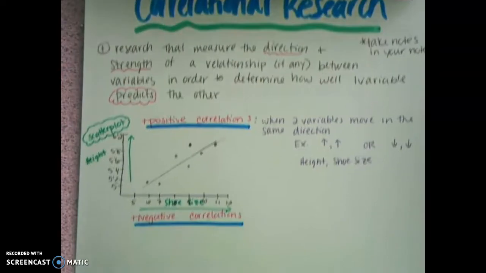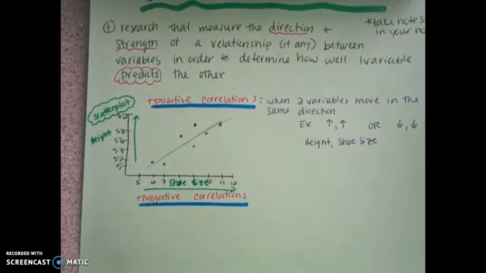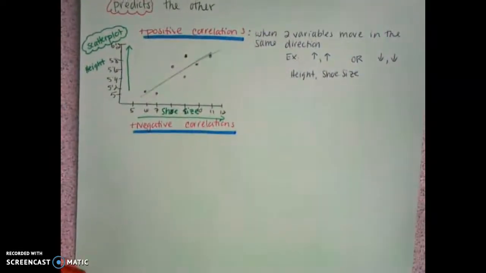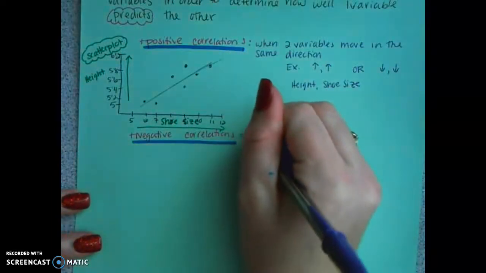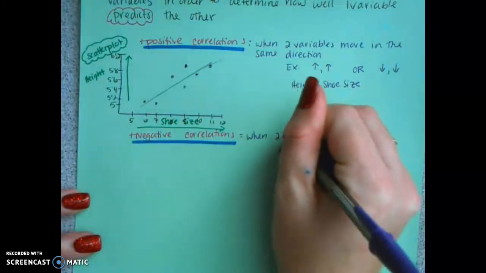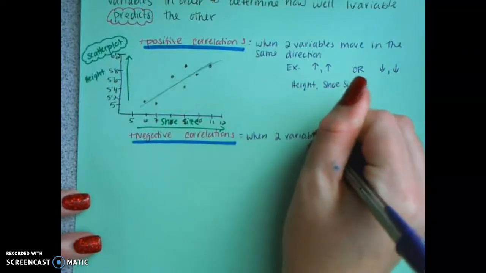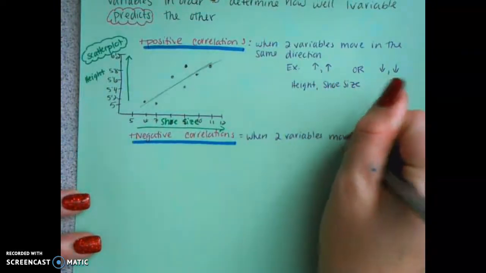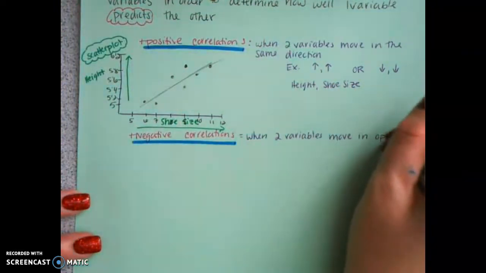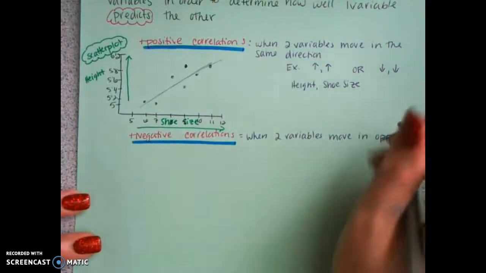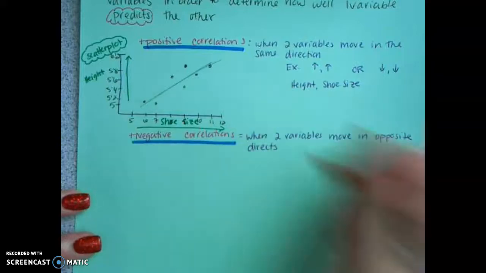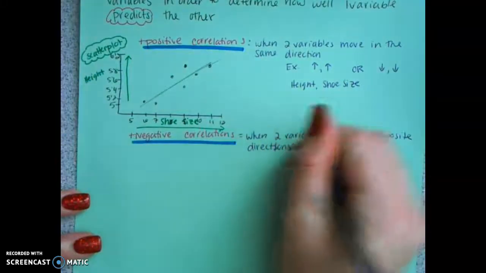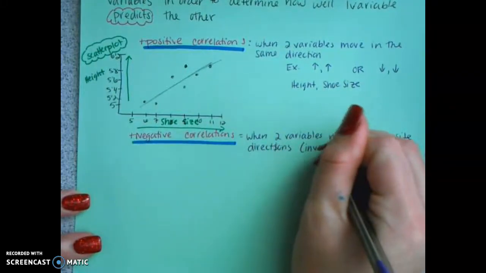Let's move over to this idea of a negative correlation. So I'm just going to scooch the paper down a little bit. So when we talk about a negative correlation, it's when two variables move in opposite directions, which your book calls an inverse relationship, right?